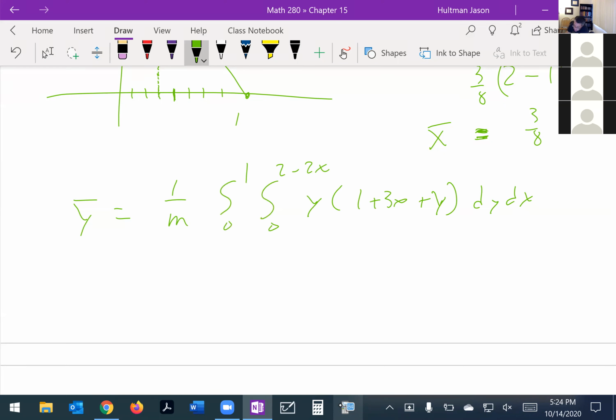I'm not going to change limits of integration here because each of these is just its own term, so I can integrate them term by term, and I don't have to worry about the product rule or integration by parts, which is the undoing of the product rule. So this is y plus 3xy plus y squared.